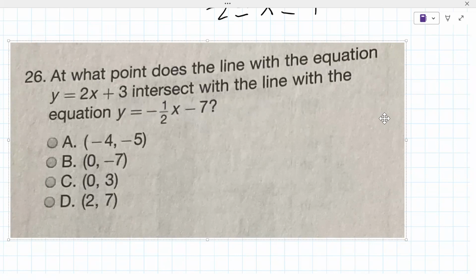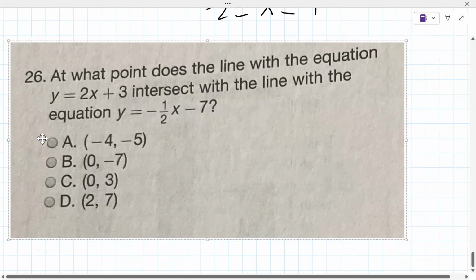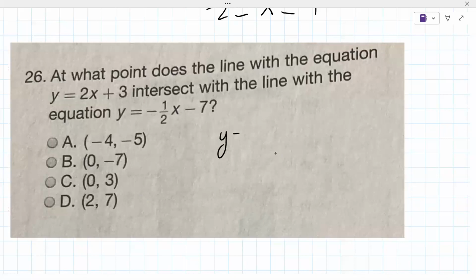So what I would do if I were a student is try the answers. I pick the one that I like the most. Which one do you like the most out of these? C maybe.